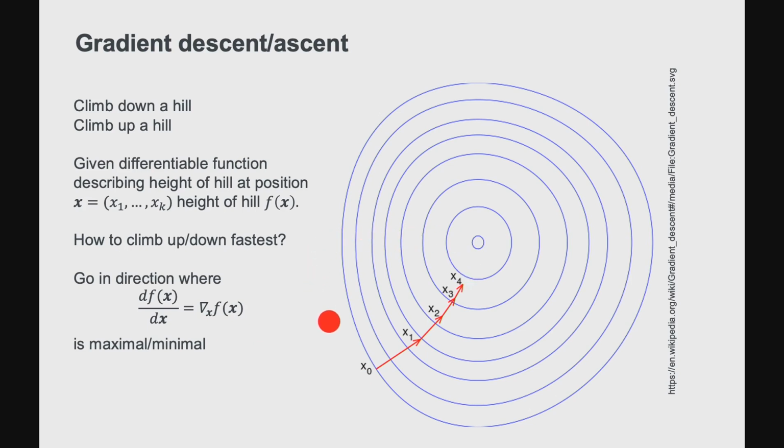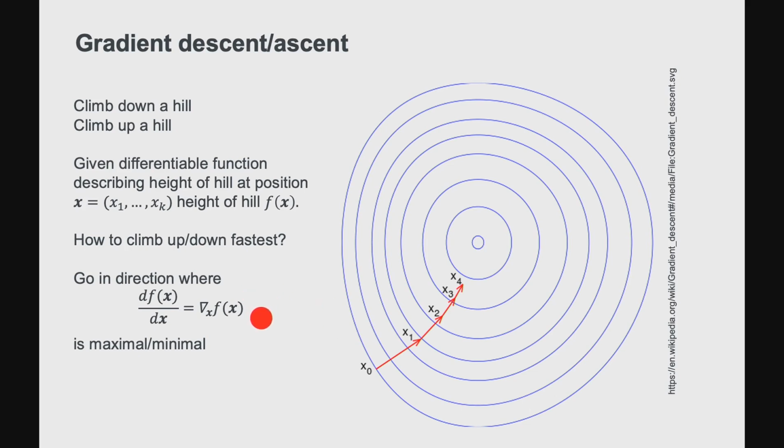So this picture here, by the way, shows these, I'm not sure how they're called. With temperature, they would be called isotherms. In a map, this would be the lines of equal height. And these blue lines are the lines of equal evaluation of your function f.